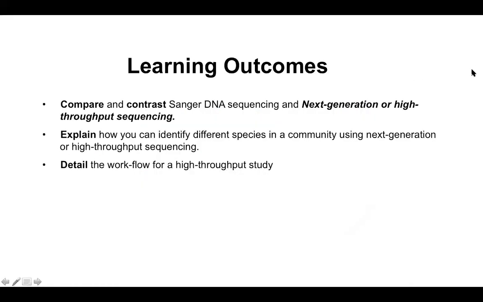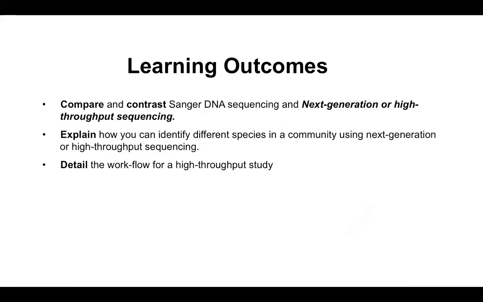Our learning objectives are to compare Sanger sequencing with next generation or high throughput sequencing, to explain how you can identify different species in a community using next generation or high throughput sequencing, and to detail the workflow for a high throughput study. Keep in mind, when we get to our first test, it comes from the learning objectives.